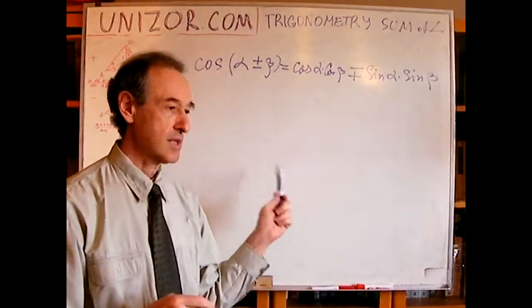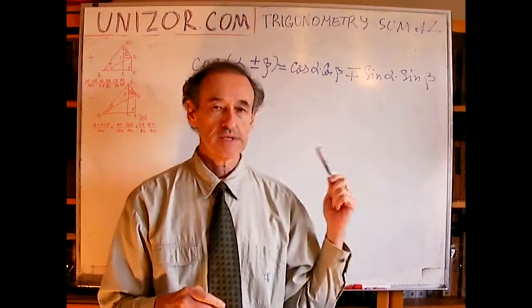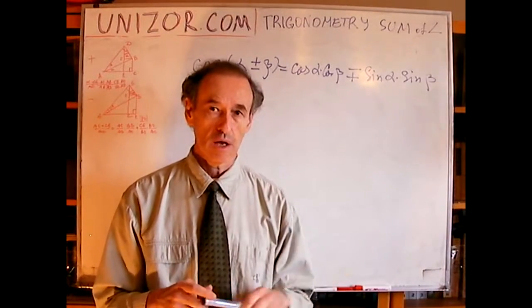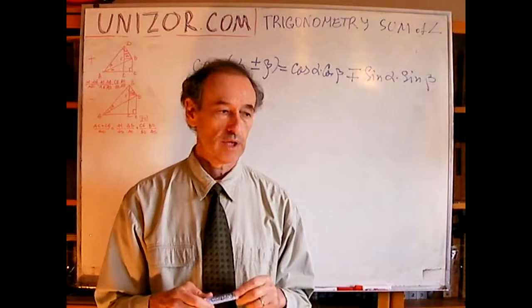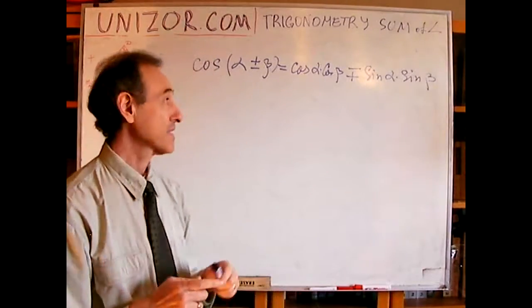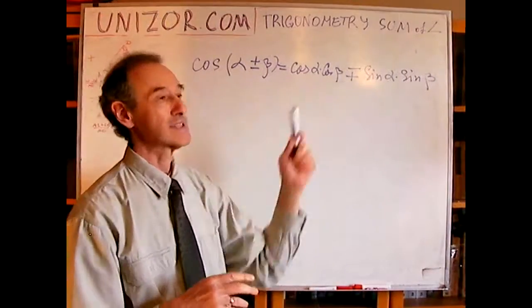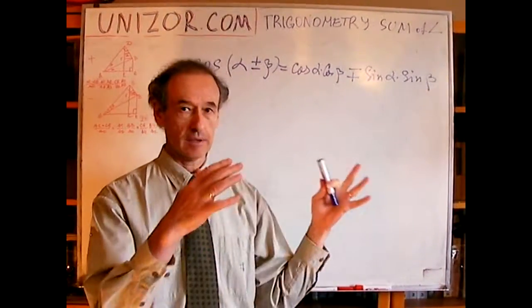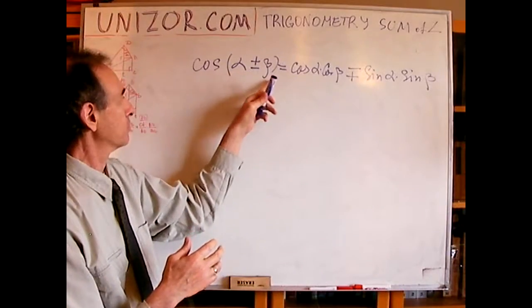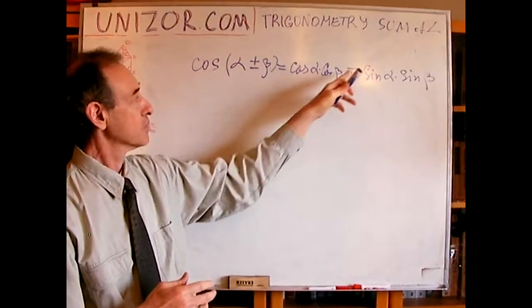This, however, is something which is presented in most textbooks on trigonometry. Actually, I think, if I'm not mistaken, that only the plus is addressed, I mean alpha plus beta, and not the minus.